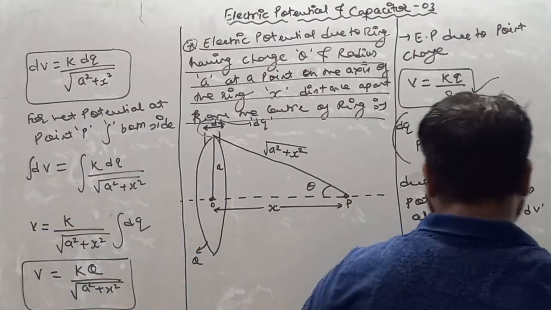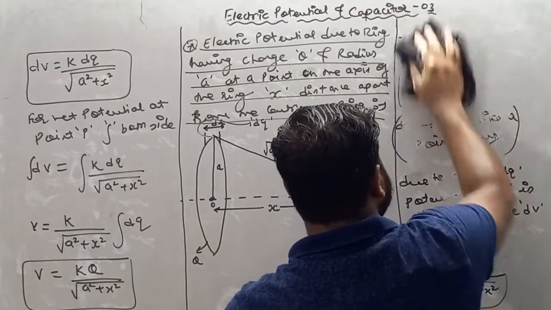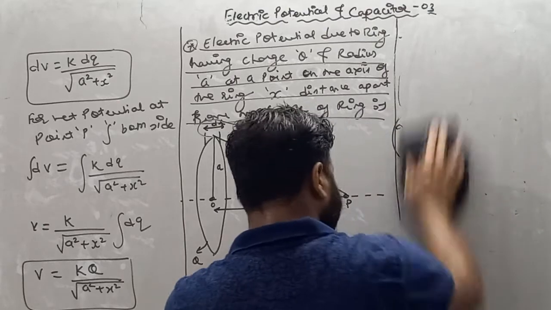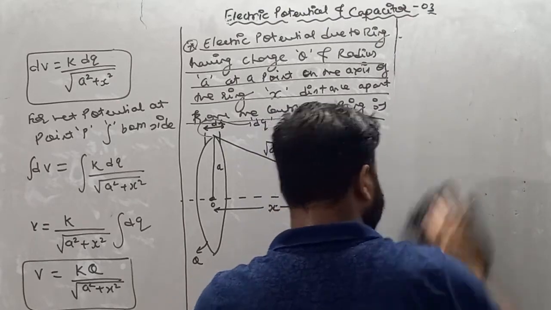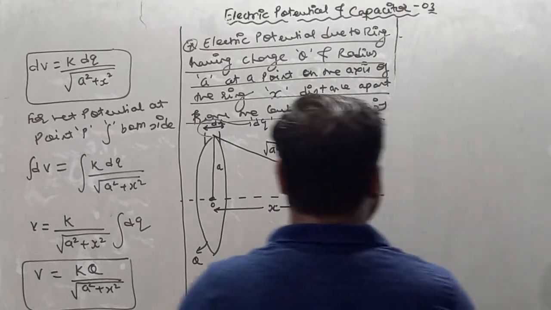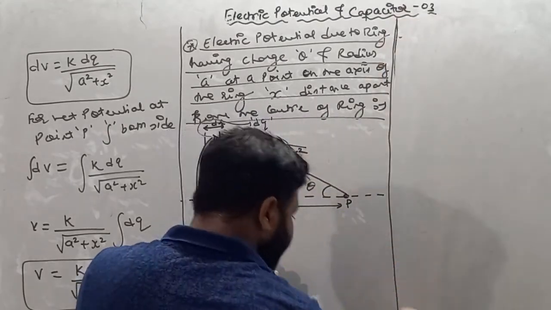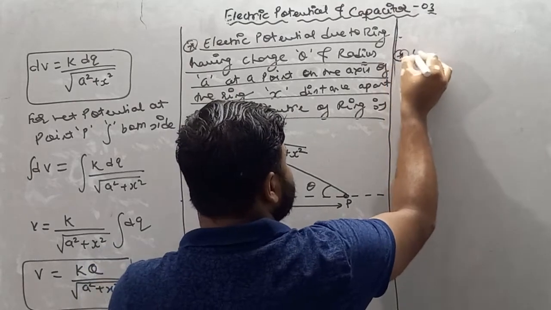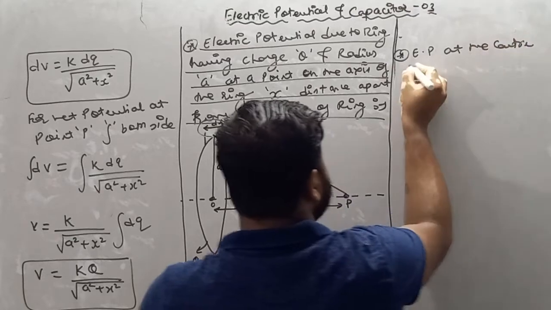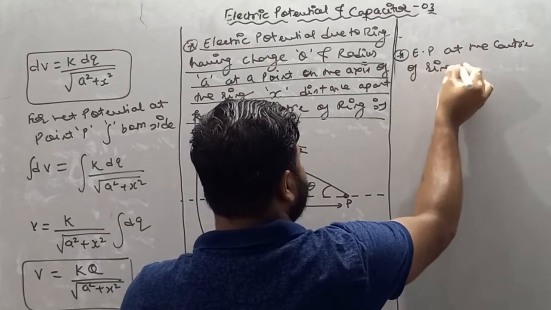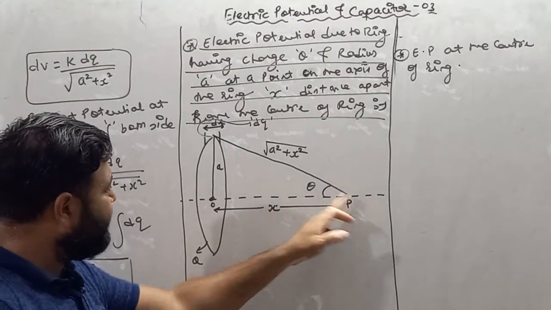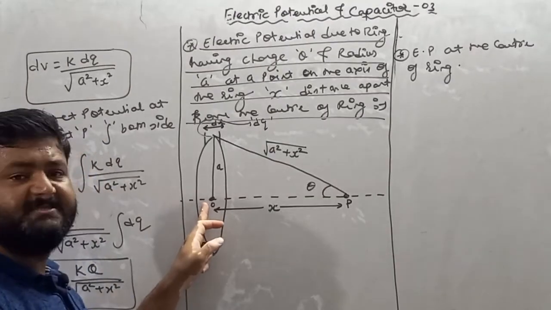So let's suppose I wish to find the electric potential at the center of the ring. If you wish to find the electric potential at the center of the ring, then point P comes at the origin.